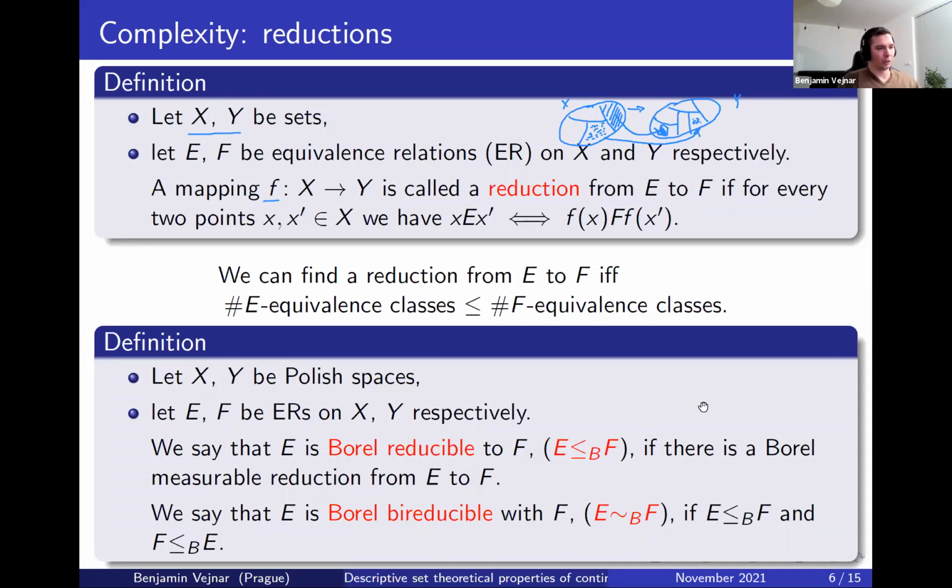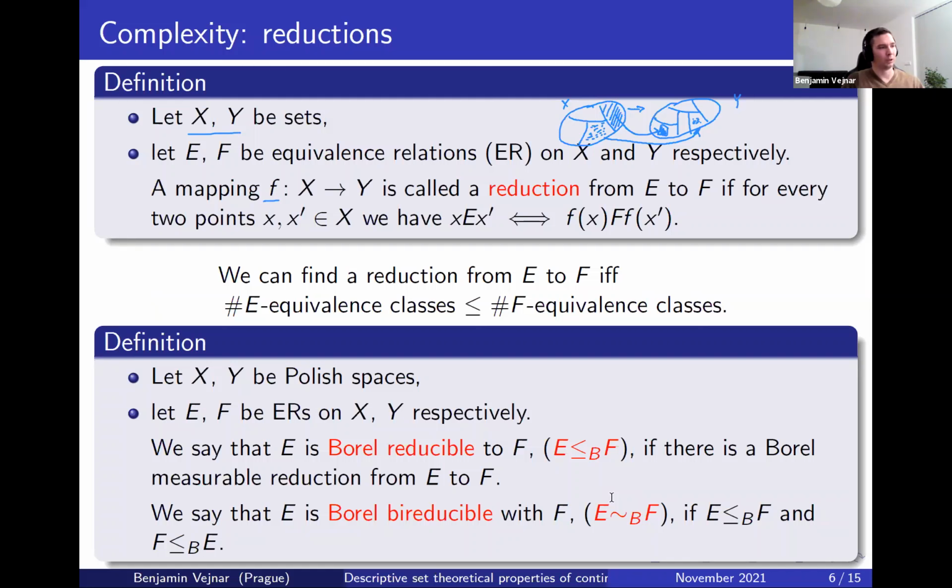It's very good to have this feeling about this definition, that whenever you have E which is Borel reducible to F, then it just means that E is somehow simpler than F. And if two equivalence relations are Borel bireducible, roughly speaking, this just means that they have the same complexity.